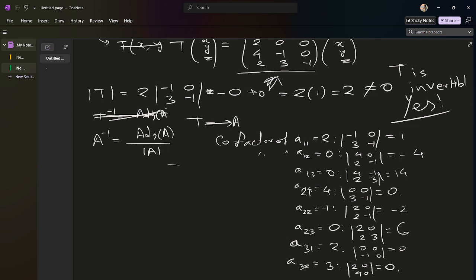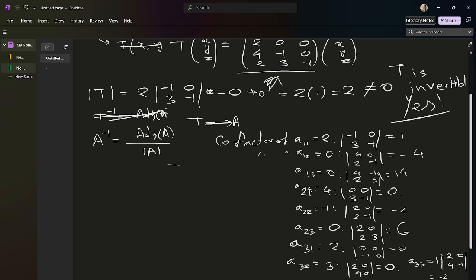For A33, the entry is minus 1, and the minor is (2, 0; 4, minus 1), so it will be equal to minus 2.